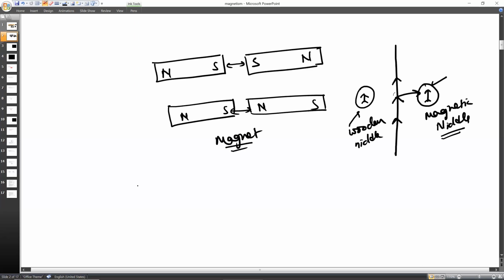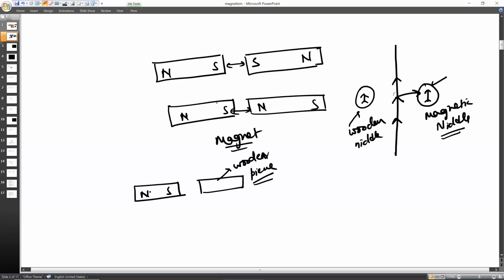For example, if this is the north pole and this is the south pole, and we bring a wooden piece, it will not exert any force on it. But if we bring a magnet near it, it will either repel or attract it. Got it? You understood? So this is how Oersted knew that it is a magnetic field that a current carrying conductor produces, because a magnet can exert a force on another magnet. If the needle is being deflected, it means there is a magnetic force.